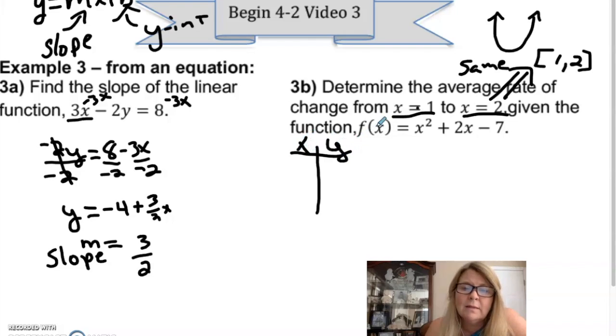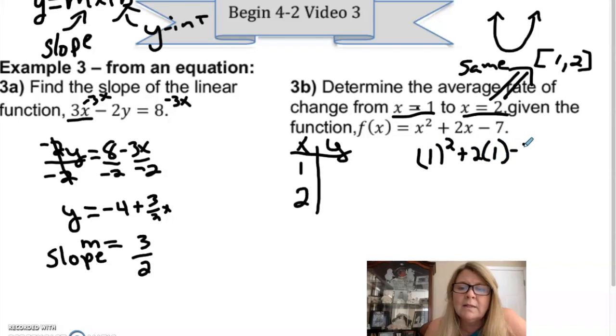Here's my x's. The two x's that they told me were 1 and 2. So we're going to plug those values into my equation. So we're going to do 1 squared plus 2 times 1 minus 7.